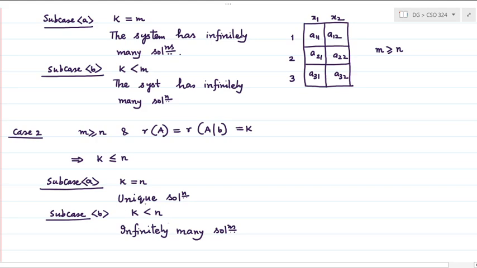For k less than n, note that in this particular case only one equation was effective, and the other two are redundant, and therefore you have precisely m minus k many equations redundant, where m is the number of rows.